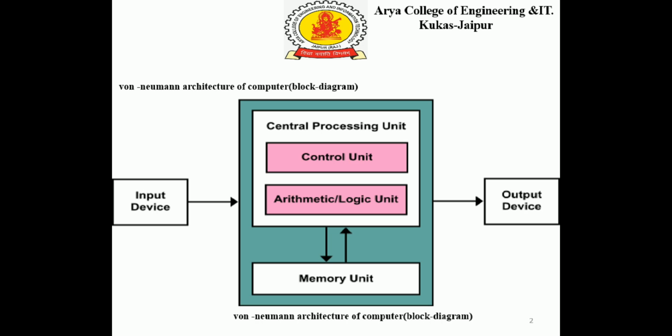There are an input unit, a CPU, a central processing unit, and an output unit. This is the sequence in which the work is done by the computer. Input, we will be talking about the input devices. We are very familiar with them, keyboard, mouse and all.